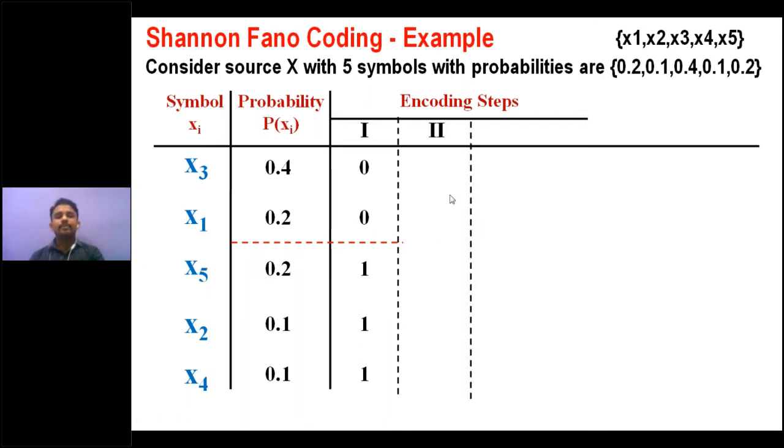I'm taking one more partition, one more column, the second encoding step. Now, in the second encoding step, that previous partition will be carried over. We cannot change it, we cannot deviate. So this will be maintained till the end of the last encoding step. Now you can ignore this part. Now see, you have two partitions, one above and one below.